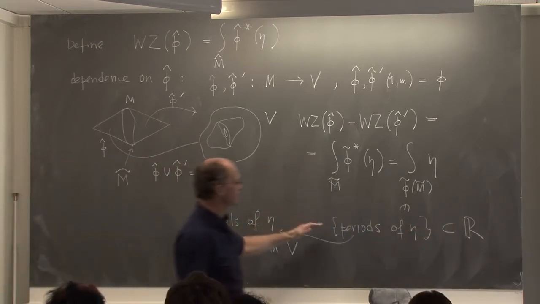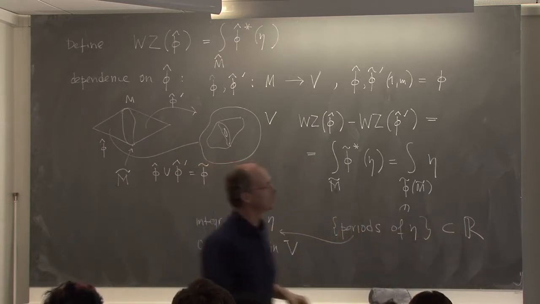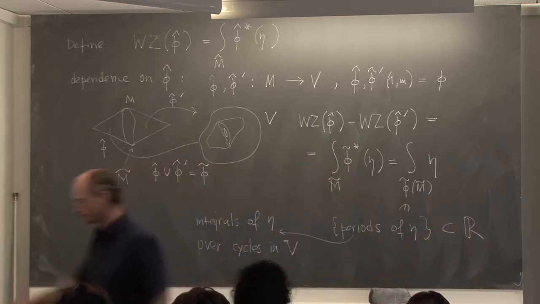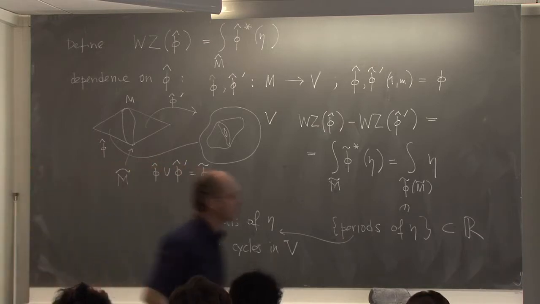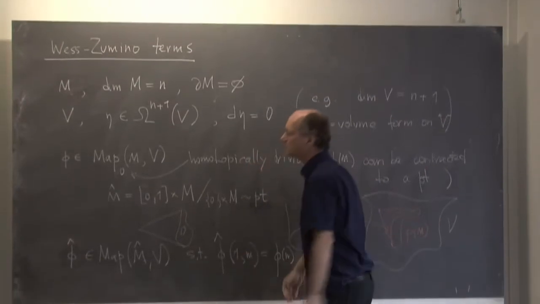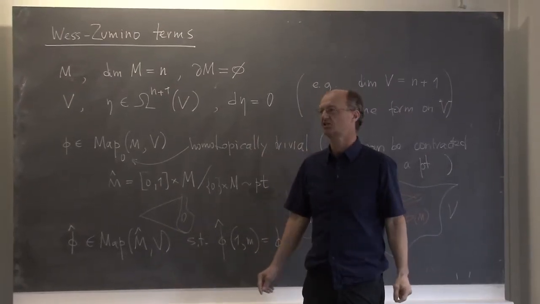Now the question is, what kind of subgroup? Here perhaps I should add a condition. This is not absolutely necessary, but typically that's convenient.